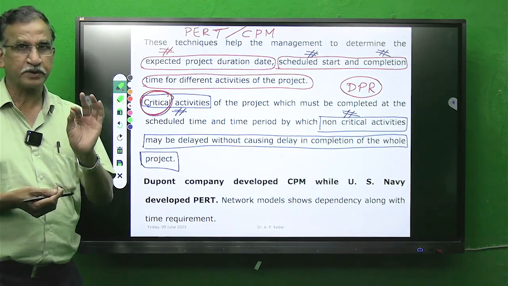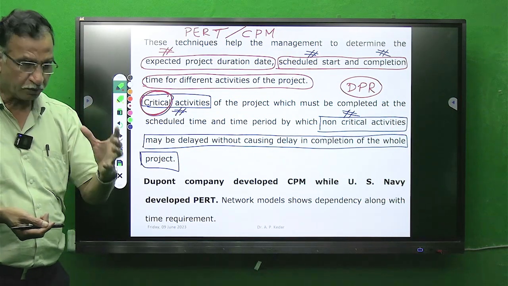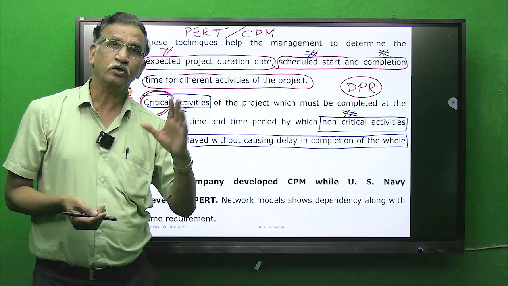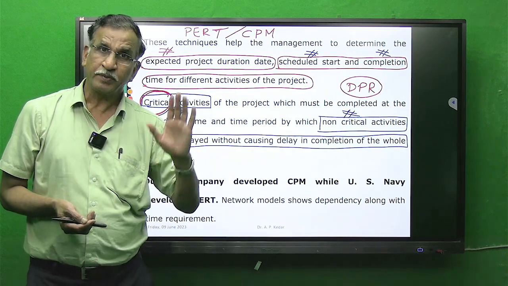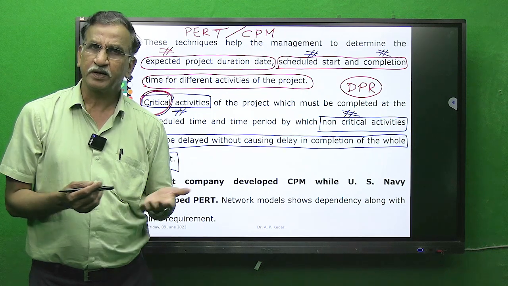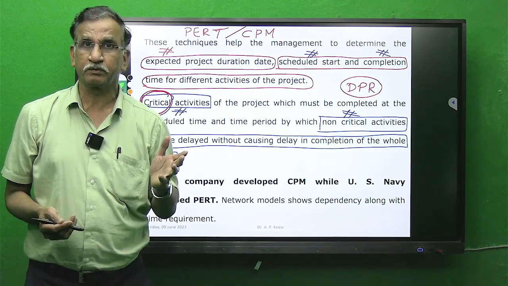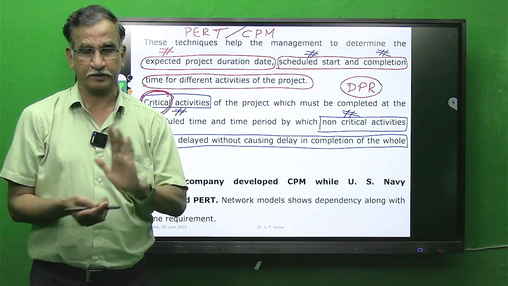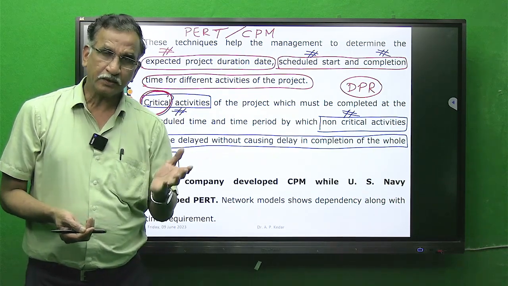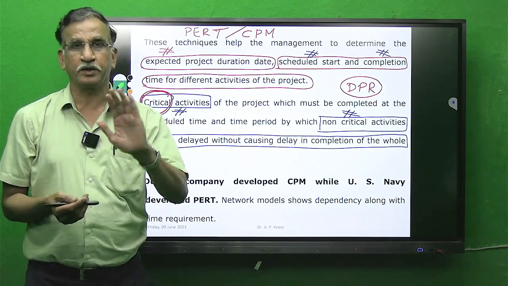In the same aspect, students, for a project, suppose there are 100 activities. Out of those 100 activities, depending on the nature of the project, 20 activities may be critical, 50 activities may be critical, 35 activities may be critical. Barring critical activities, the rest of the activities are non-critical.